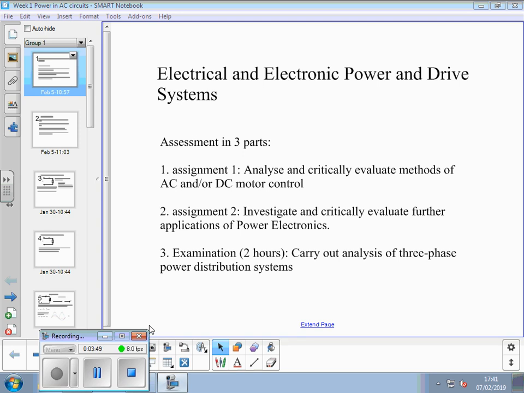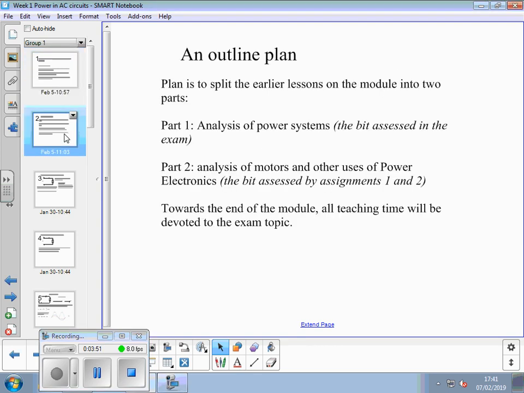Now, what I'll tend to do in the earlier sessions, where there's an assignment running as well as us doing calculation problems, is split the class into the analysis of power systems, the bit assessed in the exam, and the other half of the session around the assignment.